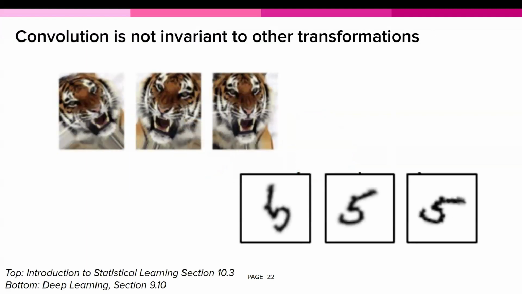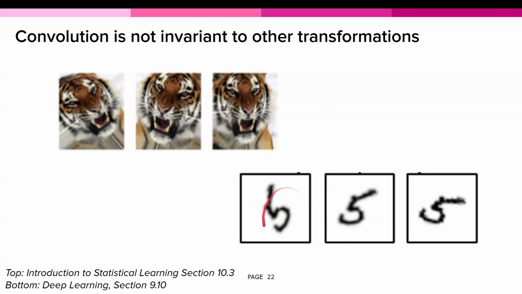Convolution also doesn't offer any robustness to other types of transformations that might show up in object recognition tasks. While convolution can handle translation well, it's going to struggle with other types of variations like rotation or scaling or other types of distortions. For example, we would want to recognize this as a tiger regardless of if it's been rotated slightly or stretched.